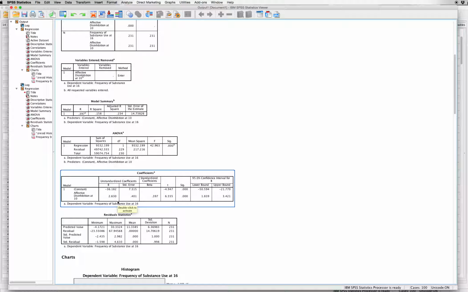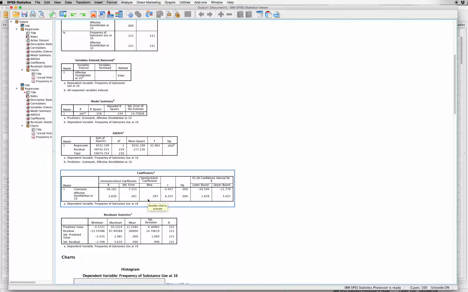Here, our DV is frequency of substance use at 16, I think in days, so it might make more sense to report our Bs, or unstandardized coefficients, and not betas. A value of 2.630 means that a 1 unit increase in affective disinhibition at age 10 increases the frequency of substance use at 16 by 2.63 days.